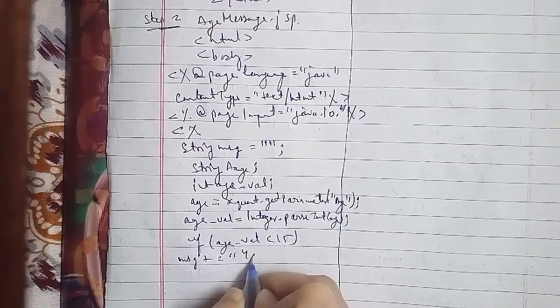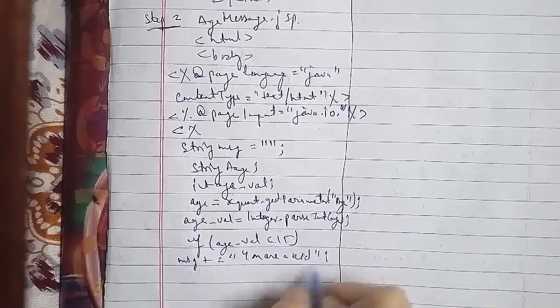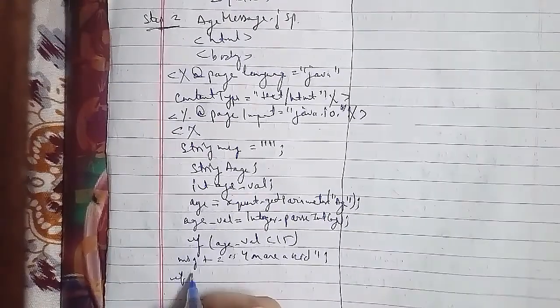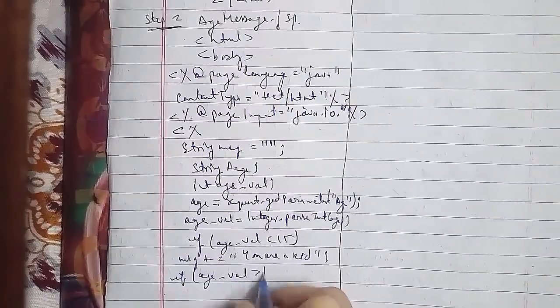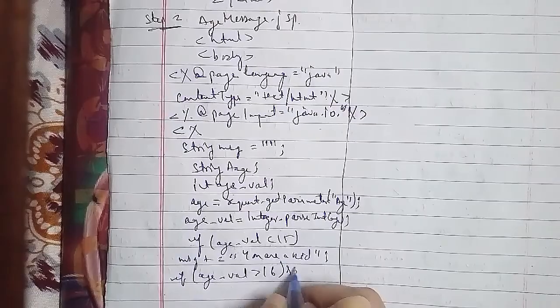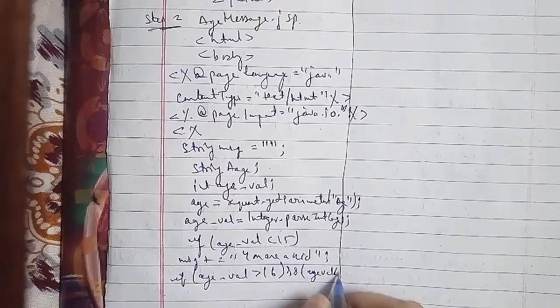Okay, and the third case that we have to do: if age val is greater than 40, then message equals "you are old".